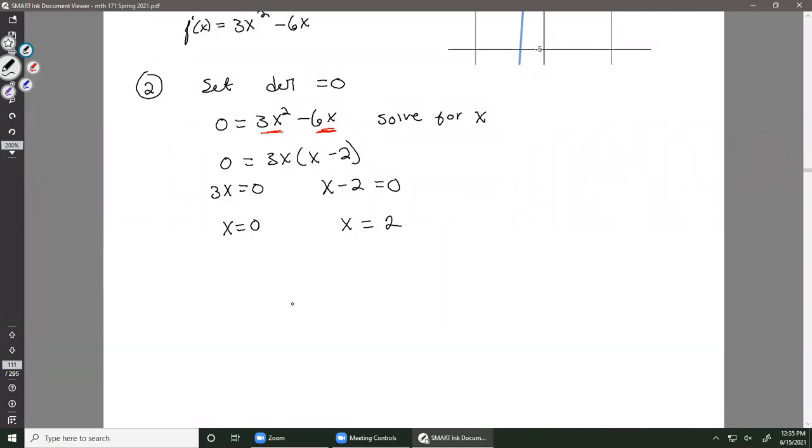Now, if I didn't give you a graph, you wouldn't know which one was a max or which one was a min. You just know, okay, we have these points, and we don't really know what they're doing.